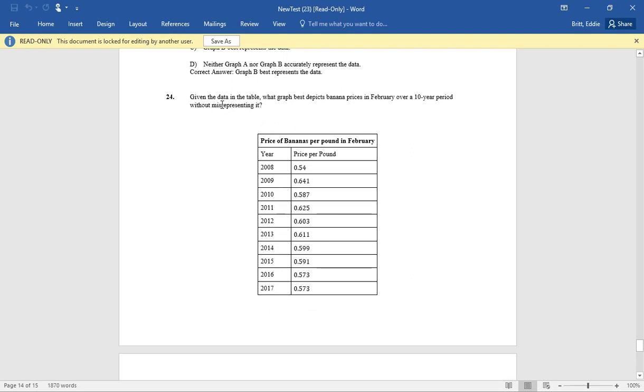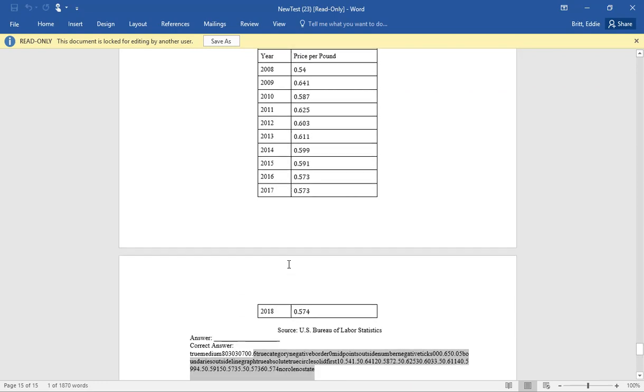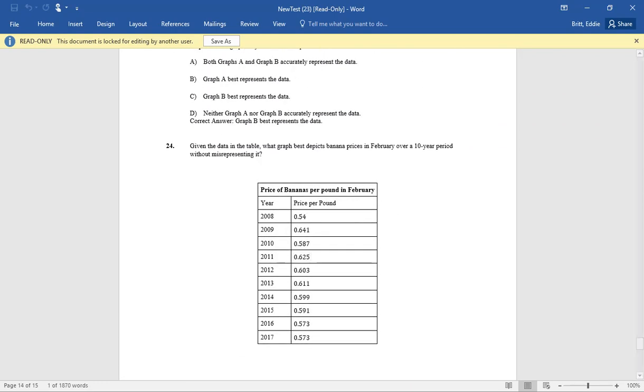All right, number 24. Given the data in the table, which graph best depicts banana prices? And you see what the graph looks like here? I might have to copy this over because the graph wasn't included. I'll make sure on your test that it is. Don't worry. And again, if you were taking this online, all the graphs and tables and everything would be there for you.